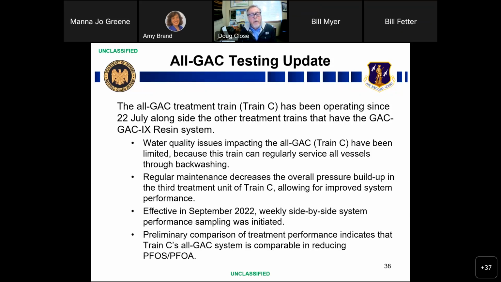We're sampling all those interprocess locations and effluent location, and we're also taking the C train and we're sampling all of those process locations to compare how the treatment goes between the three vessels, whether you're in a GAC resin versus an all GAC system. And we'll look at a little bit of the data points at the end of September here shortly.